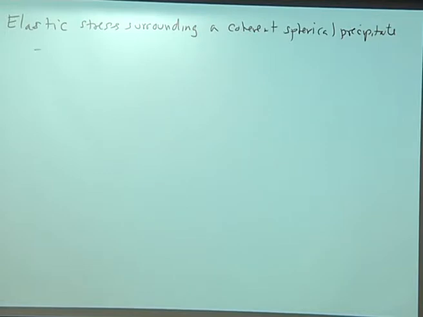So again, we're going to assume coherency, a coherent lattice, which means the lattice planes are continuous across the structure. We're going to assume a dilatational misfit, or the misfit or eigenstrains given by epsilon.